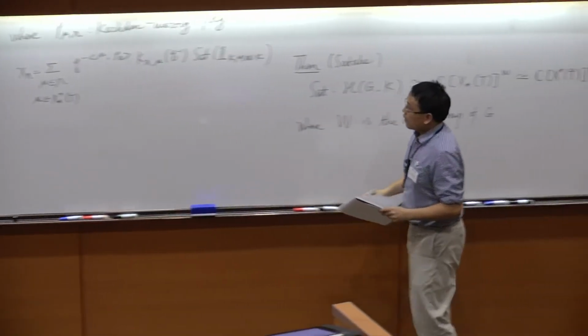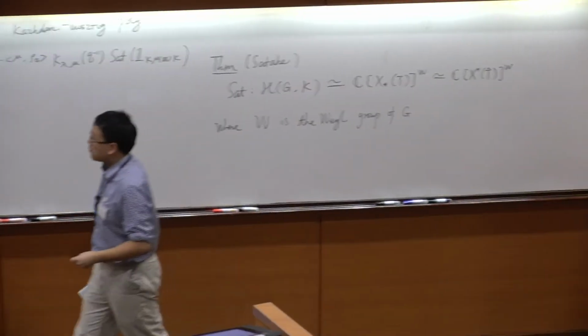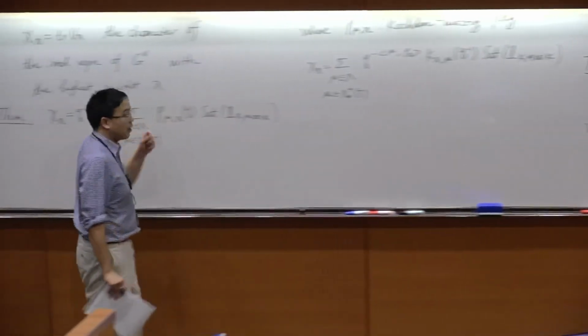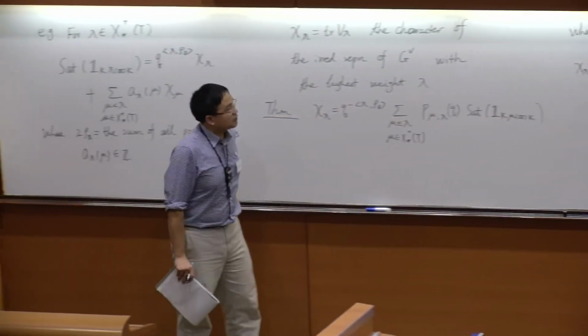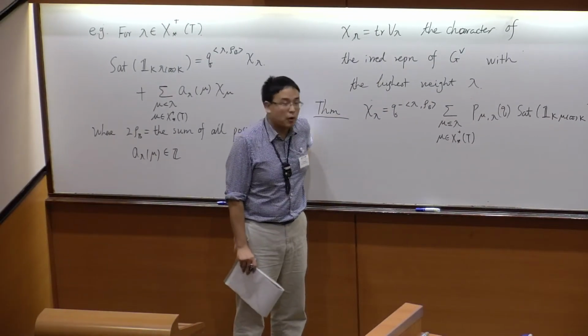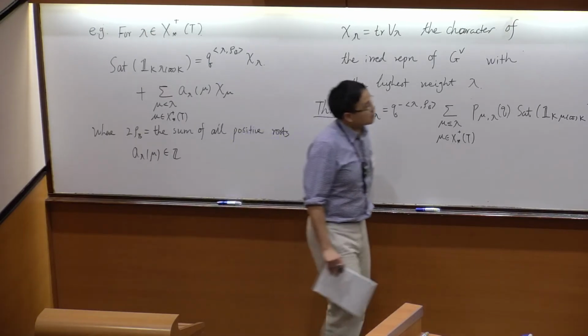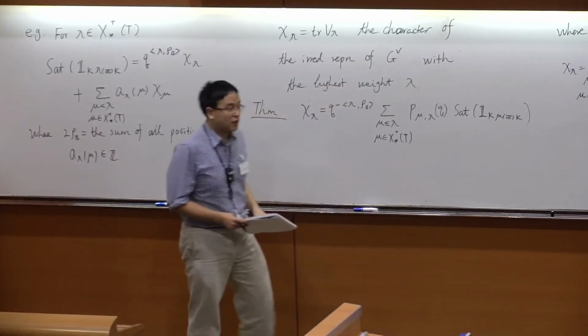Okay. Later on, if we still have time, I will recall the details of the definitions of the Kazhdan-Lusztig polynomial and also the q-analog of the Kostant partition function.